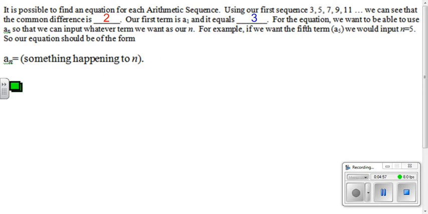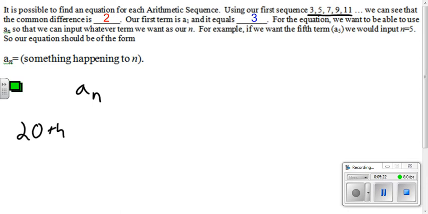So anytime we're trying to create an equation for a sequence, we want to be able to use a sub n so that we can plug in whatever term we want, n. So say we have all these terms here, but we want to know what the 20th term is.